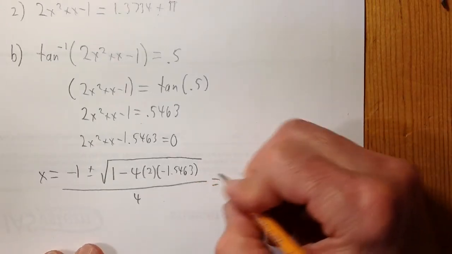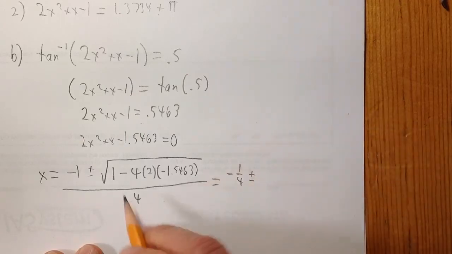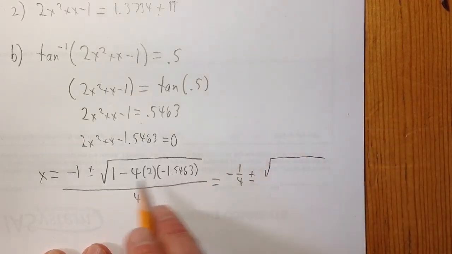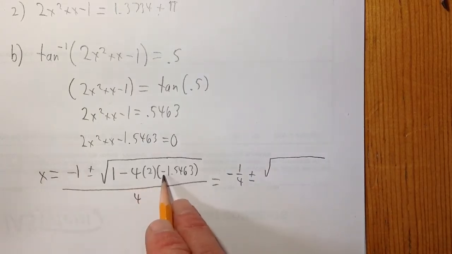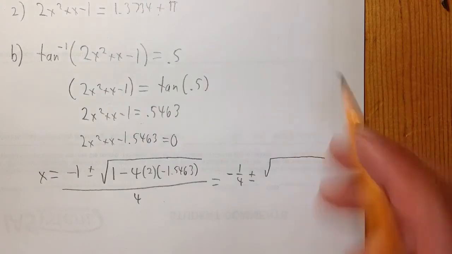Okay, so that's negative 1/4 plus or minus the square root of, this is positive because it's minus 4 but this is negative, so it's going to be 1 plus something, and that's 8 times 1.5463 plus 1 is 13.348.